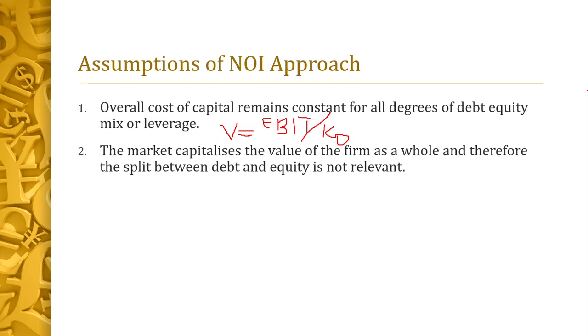Whenever in practice, how your company would be valued in the market is all that matters. And it tells that when the market values your organization, it is not going to find out how much portion of debt you have, how much portion of equity you have, add those two and value it.